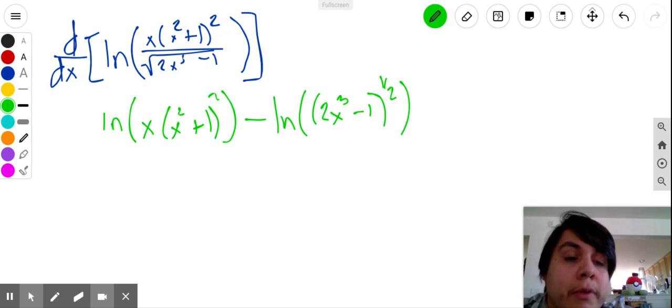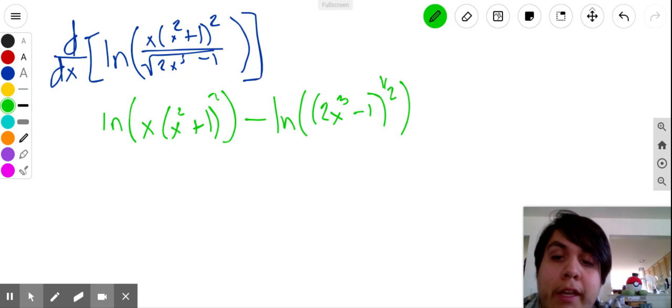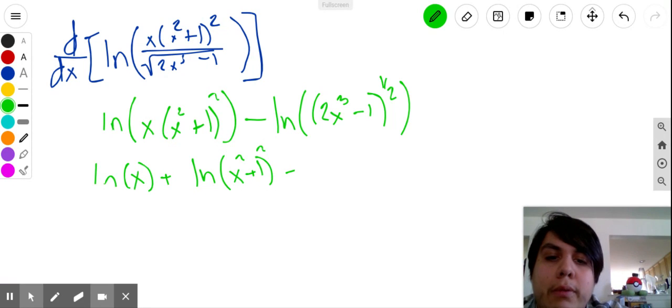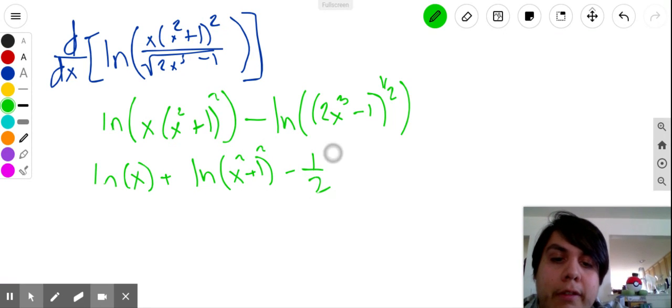Because those are being multiplied in the first natural log, I can expand that even a little further to make it natural log of x plus natural log of (x squared plus 1) squared minus 1/2 natural log of 2x cubed minus 1.